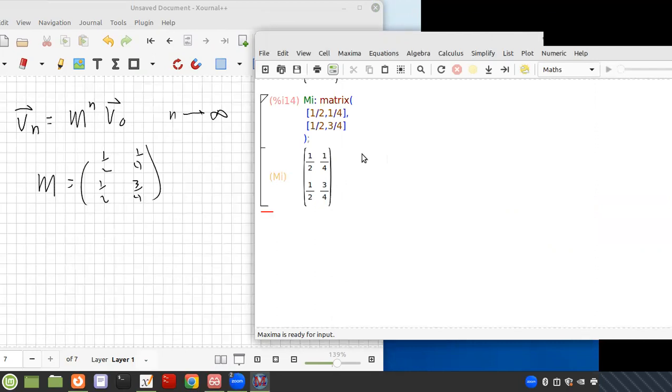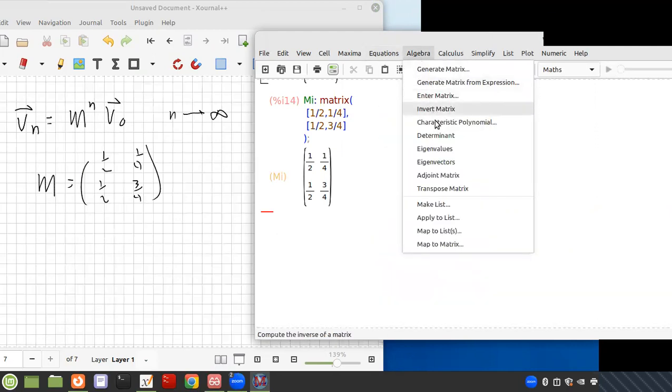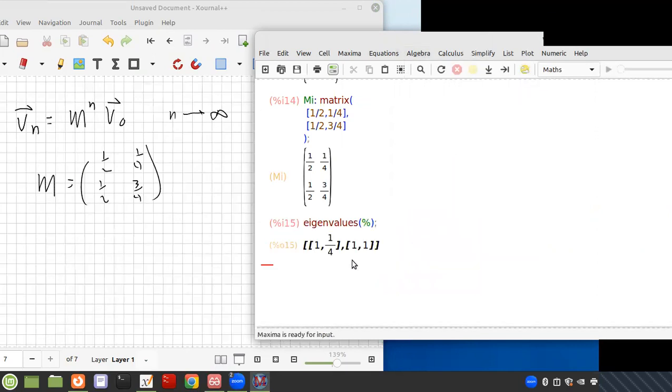Now we want to find eigenvalues and eigenvectors. So let's look at the eigenvalues. The eigenvalues are 1 and 1/4. It turns out that for a Markov matrix, there's a theorem that says the largest eigenvalue is always the number 1.